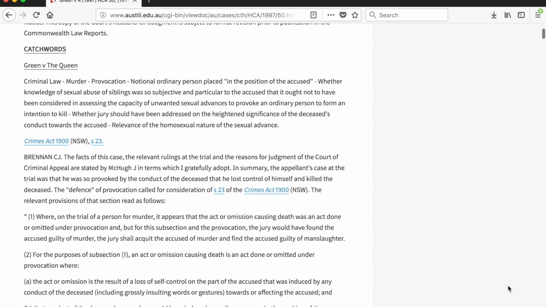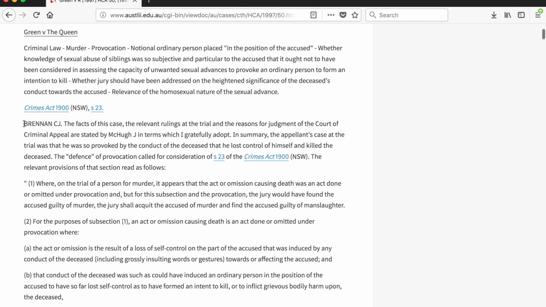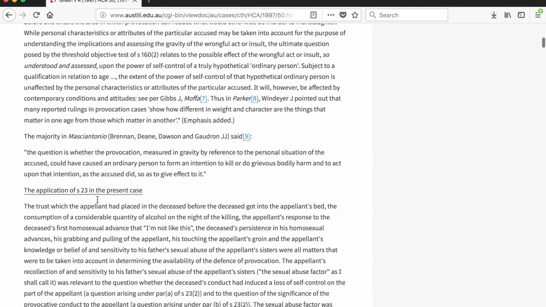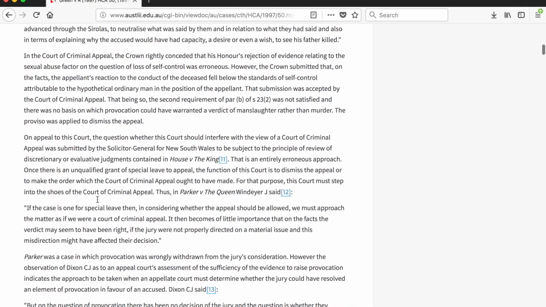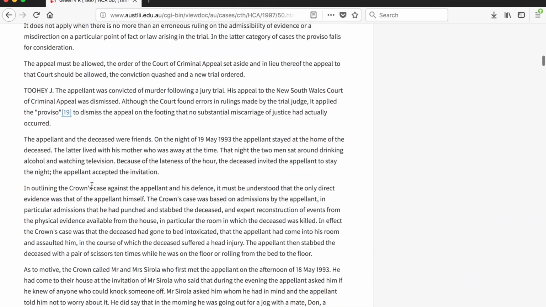Scrolling down to the start of the judgments, we can see that Chief Justice Brennan has written a judgment of his own. And if we scroll to the end of his judgment, we can see that he says the appeal must be allowed and a new trial ordered.